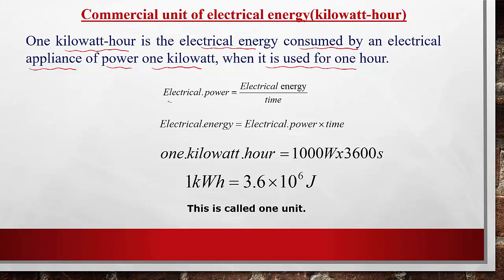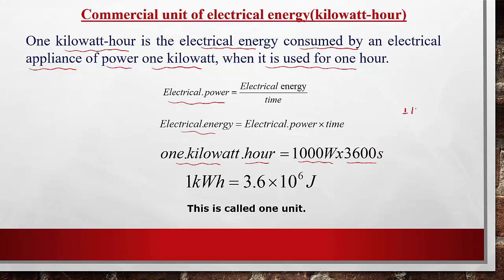Electrical power is given by electrical energy over time, so electrical energy is equal to electrical power into time. Now substitute the values. 1 kilowatt hour is equal to 1 kilo, meaning 1000 watt, into 1 hour, which is 3600 seconds.